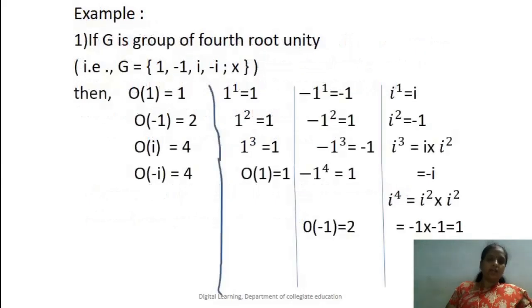If you are observing I and minus I, both are acting as a generator here. But to be cyclic, if one element is acting as a generator, it is more than enough. Therefore, G, the group of fourth roots of unity, is an example for the cyclic group.